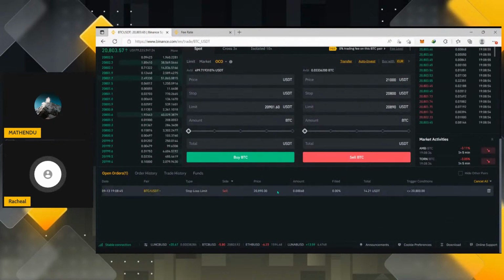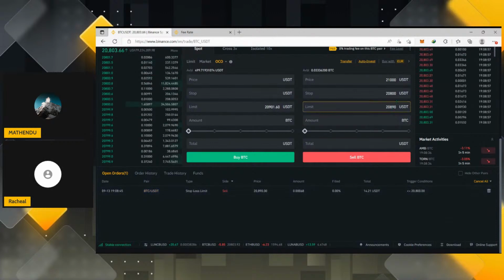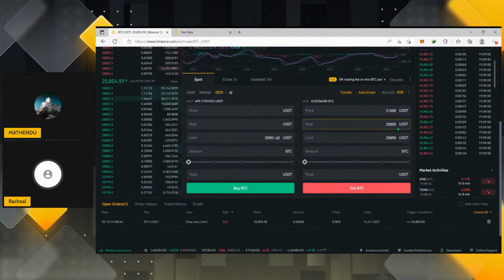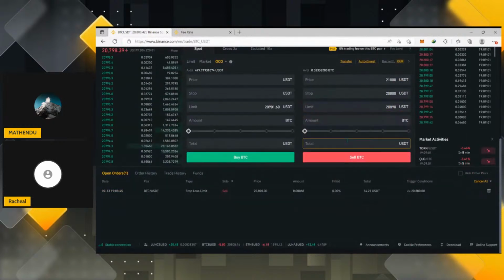They're supposed to be two, but since my prices were so low, the stop price has already been executed.